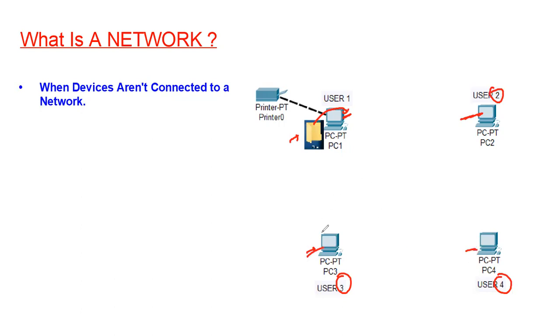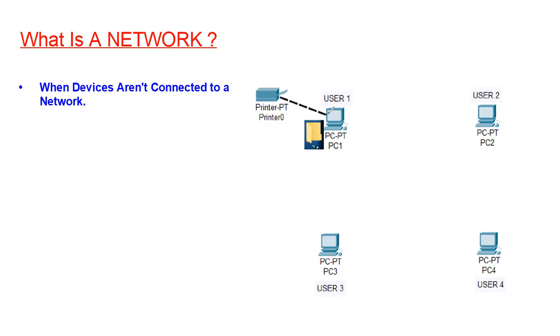In this example, we have only four PCs, so we can manage up to some extent. But in real networks, in organizations, we have hundreds and thousands of PCs. In that scenario, it will be very difficult to take the files from one PC.